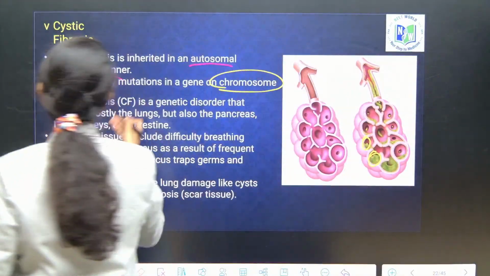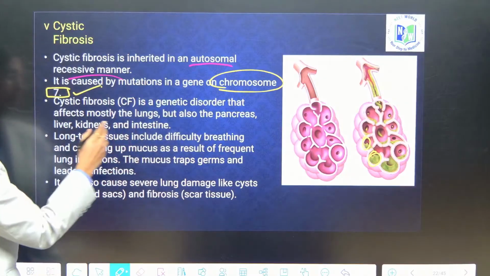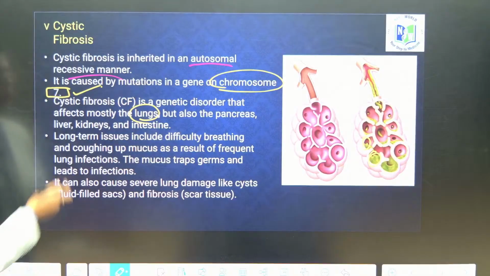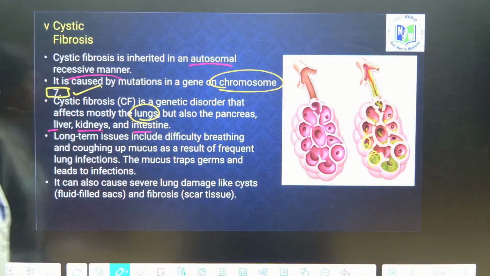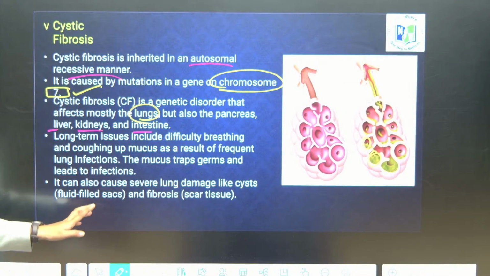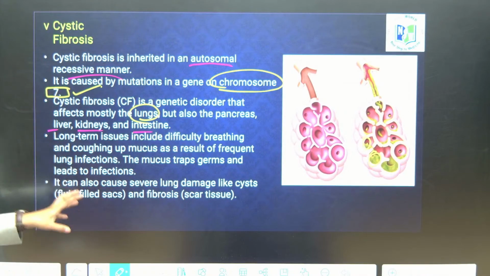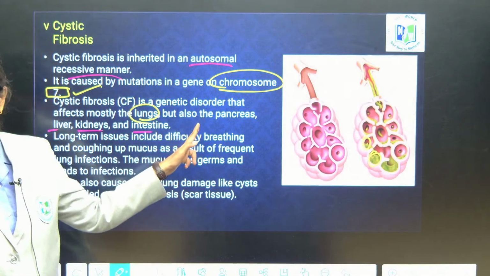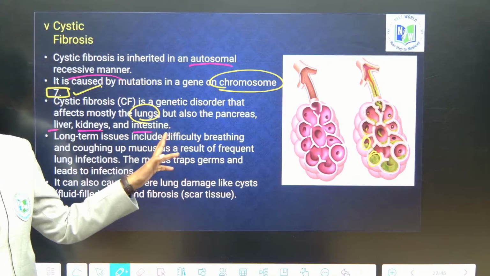So, cystic fibrosis is a genetic disorder that affects mostly lungs, but also has its effect on pancreas, liver, kidneys and intestine. The survival probability is very low. Hardly people will survive who are having cystic fibrosis. It is very difficult because it has its effect on every part of the body. Primarily lungs will be affected.